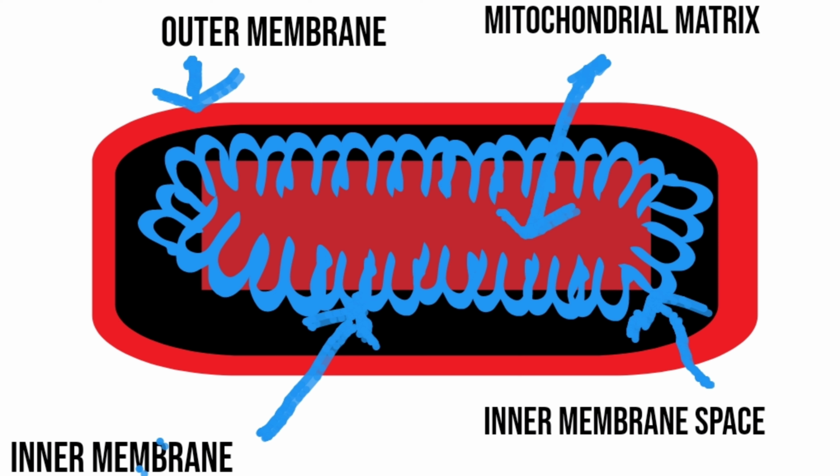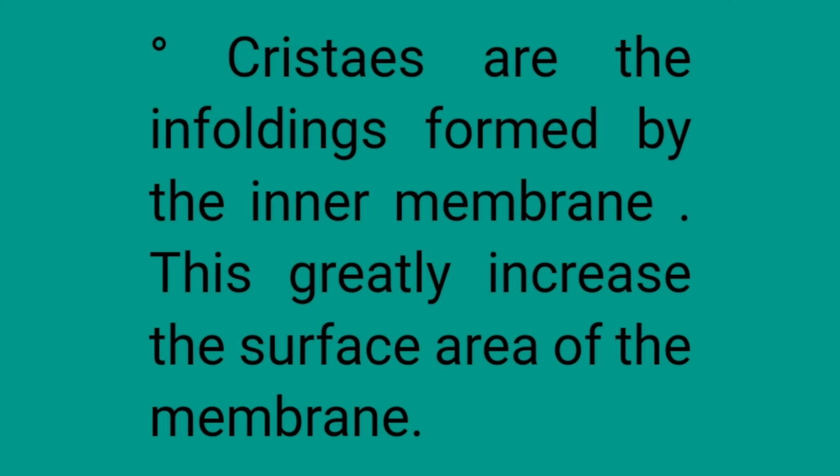Actually, the Krebs cycle takes place in this region, while the proteins are responsible for attaching more and more proteins, because many proteins are important in mitochondria to produce energy, to produce more ATP. So, cristae are the enfoldings formed by the inner membrane. This greatly increases the surface area of the membrane to attach more and more proteins to produce much more ATP.